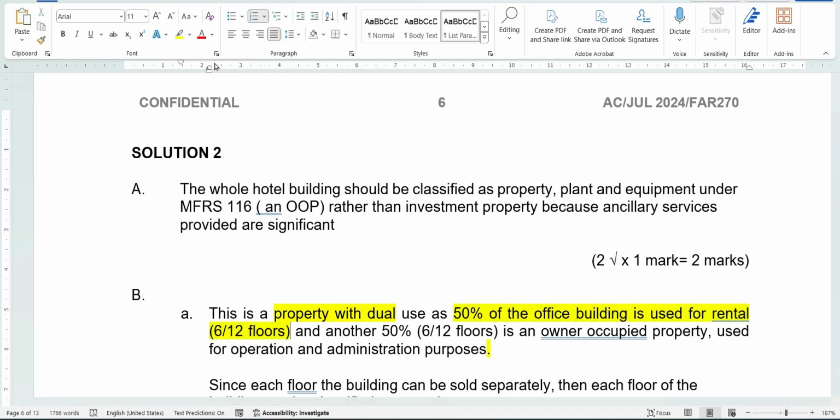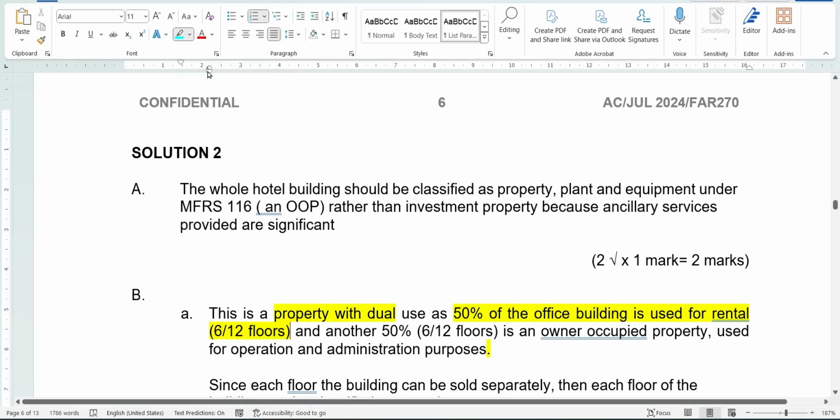Another 50% is an owner-occupied property because it was used for operation and admin purpose.